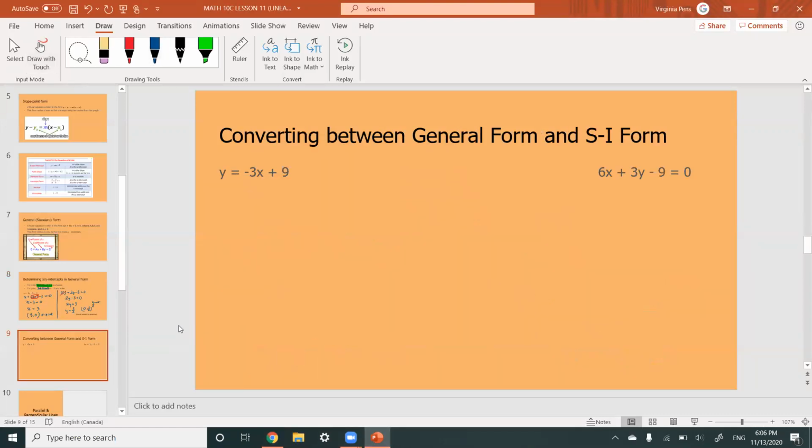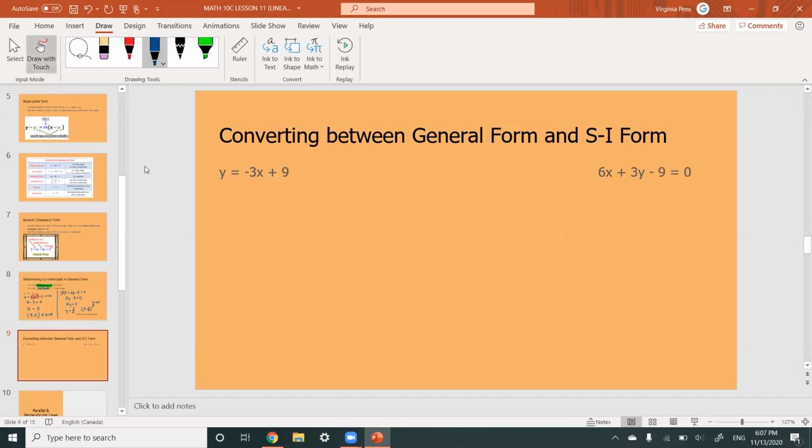Now, it's important to know how to convert between the forms. So now we're going to do a bit of practice converting between general form and slope-intercept form. Over here, I've just abbreviated it to SI form, but it stands for slope-intercept. Over here, we have our first equation. Is this in general or slope-intercept form?